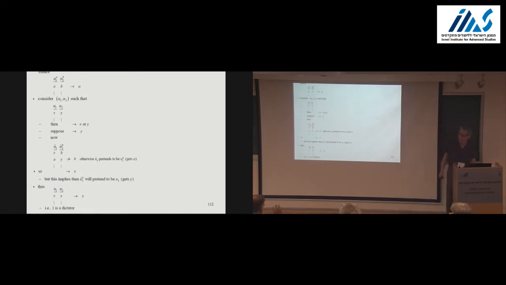Question. Please use the mic. What happens to the theorem if we don't restrict ourselves to dominant strategy implementation? Well, that's actually what we're going to turn to next. Because we run into a negative result here, the literature has gone in two directions.